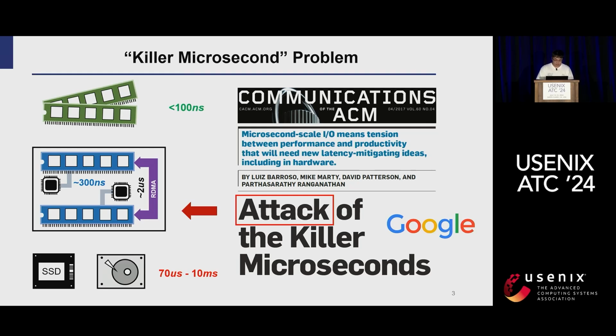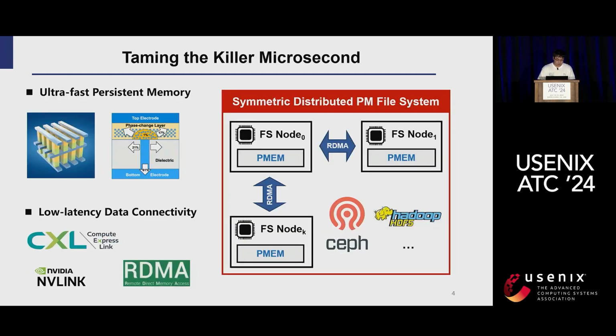Fortunately, emerging hardware like ultra-fast persistent memory and low-latency RDMA technologies open up an opportunity to overcome this challenge. Persistent memory like 3D XPoint is commercialized today. Those persistent memory devices offer hundreds of nanoseconds latency, high storage density, and large bandwidth.